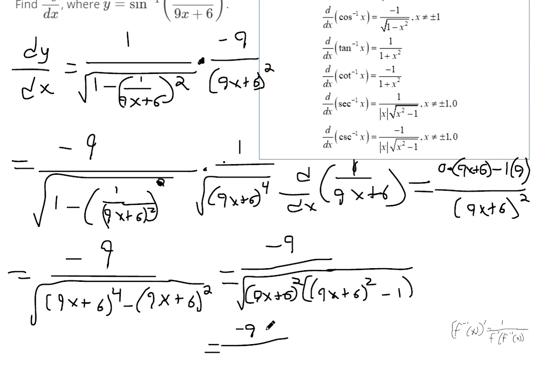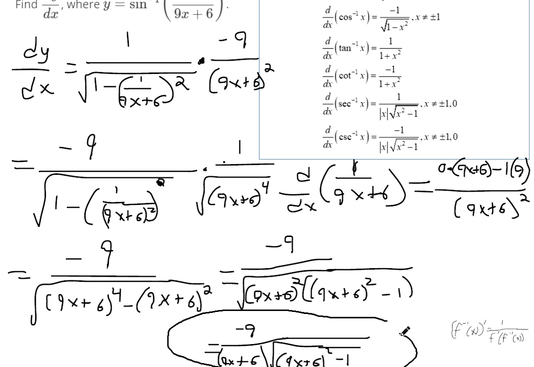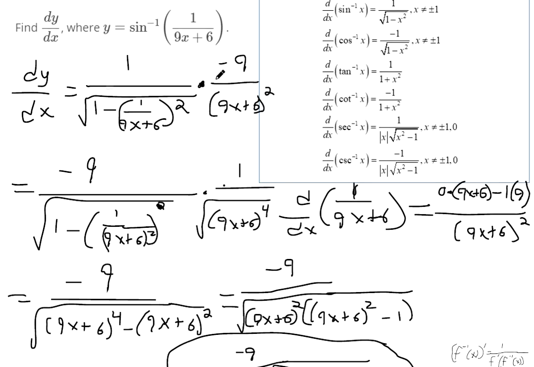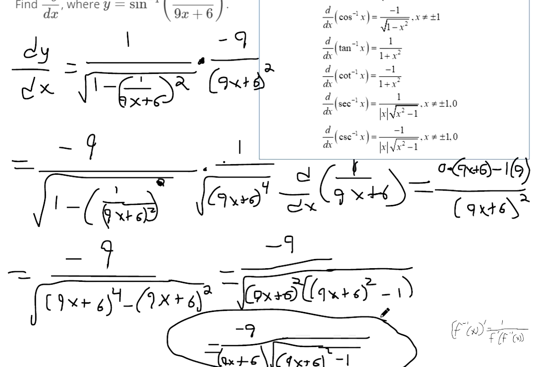A square root and a square cancel out, making just 9x plus 6. I think it would, yeah, no, because it's being squared. And then here is going to be 9x plus 6 squared minus 1 inside the radical still. Okay, so that is the same thing as what we had up here. Go ahead and try to type this in Newton, but oftentimes it marks it wrong unless we do some simplifying. That's the fully simplified answer.